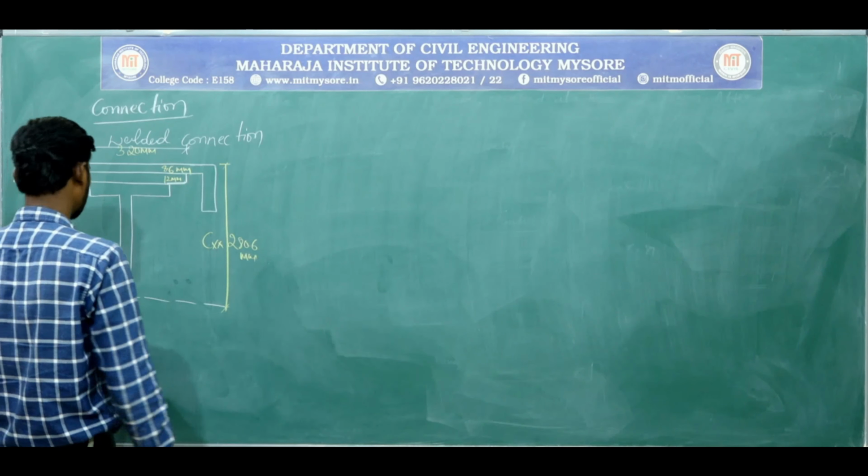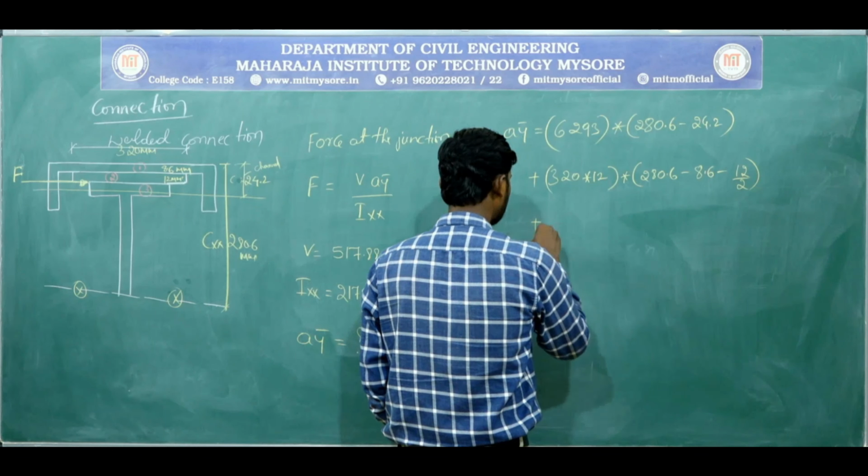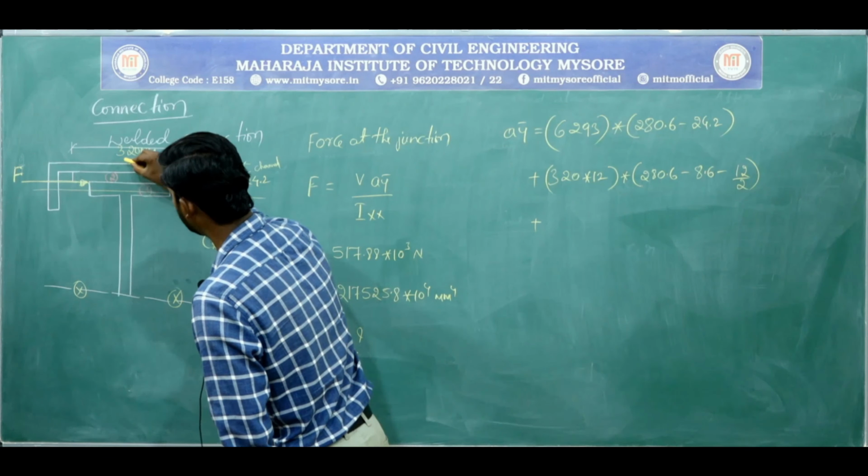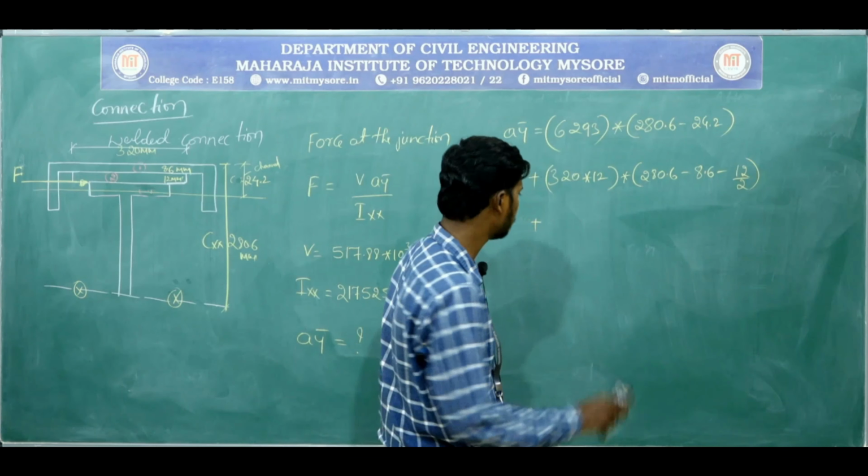Overall distance is 280.6 minus the first web thickness of the channel section, that is 8.6, minus 12 by 2, which is the thickness of that cover plate. So second part is over. We want to calculate at this particular junction, so we are going to consider only 1 and 2 itself. This third one is not necessary, because we are concentrating on that particular joint.